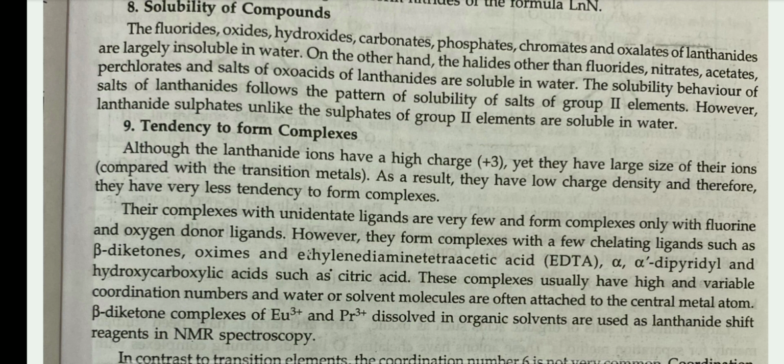Tendency to form complexes. Although the lanthanoid ions have a high charge of +3, they have a large size compared with the transition metals. As a result, they have low charge density and therefore very little tendency to form complexes. Their complexes with unidentate ligands are very few and form only with fluorine and oxygen donor ligands.